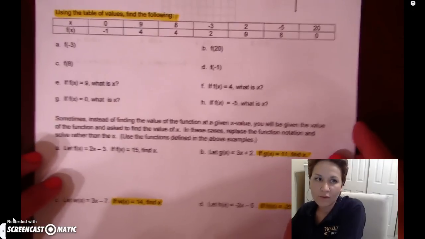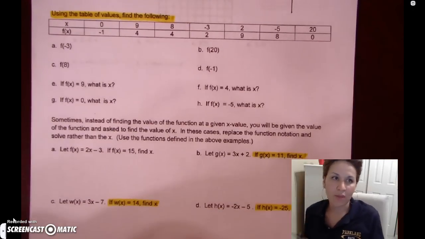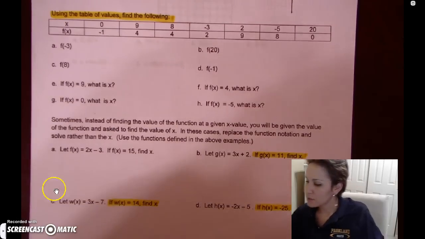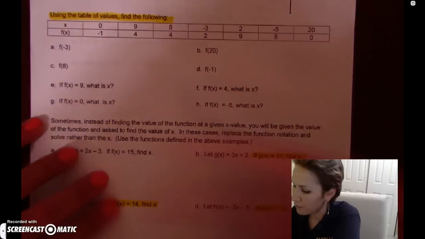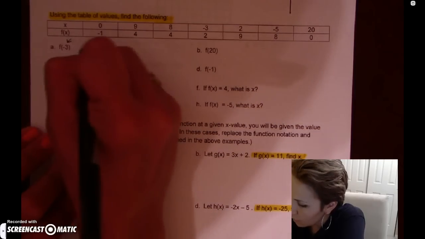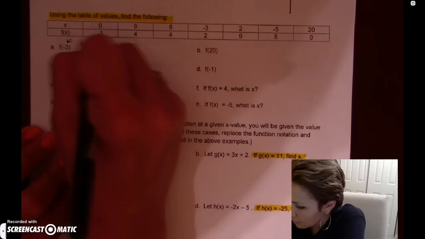Okay, so let's go to the next page. Like I said, my page may not look exactly like yours because I'm going to edit yours to fit on one sheet of paper. Alright, so it says using the table of values, find the following. Find f of -3. So it's saying when x is equal to -3, y, or another word for that is f of x, or f of -3 is equal to, and that's our question.